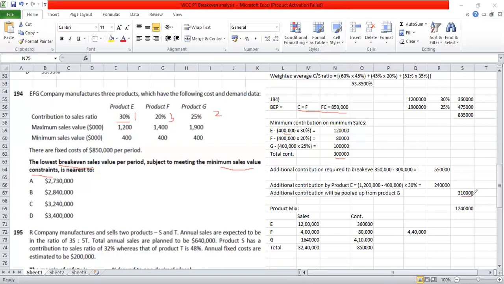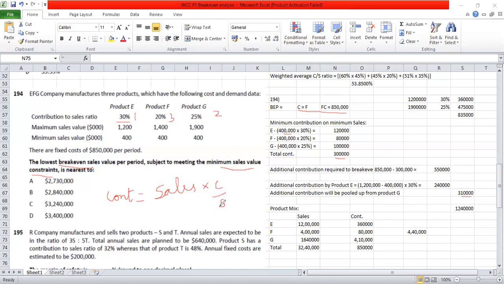Okay. So what is contribution? How do we get that contribution amount? Contribution is equal to sales into C by S ratio, the percentage. So we know contribution is 310,000.